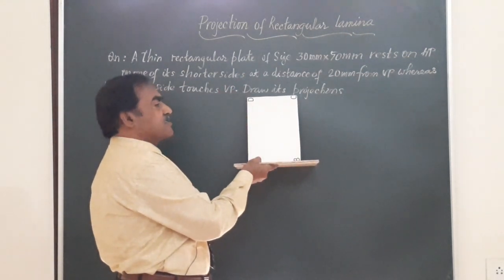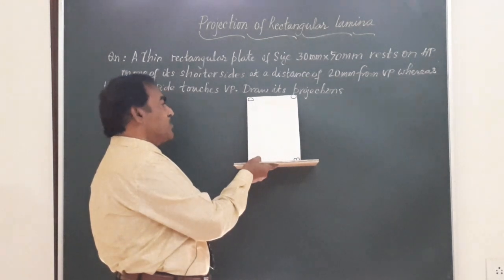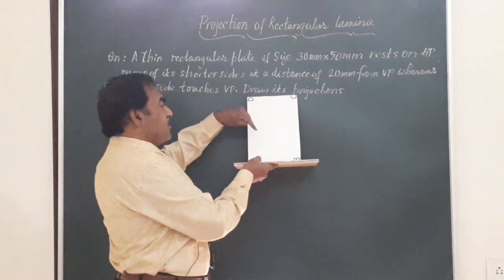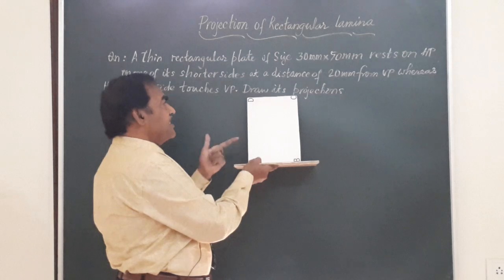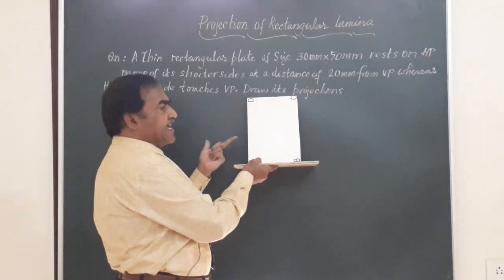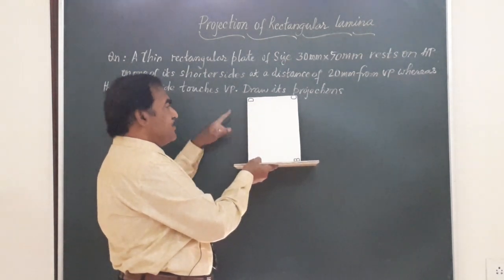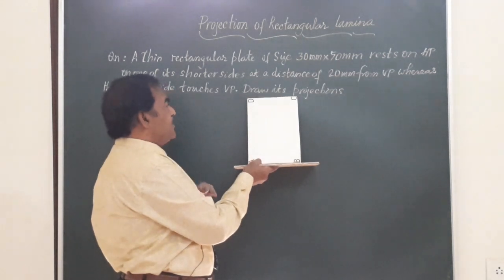So, the question is asking you to draw the front view, the top view, the end view, and they can also ask you to find out what angles the surface is making with the wall VP and the floor HP.